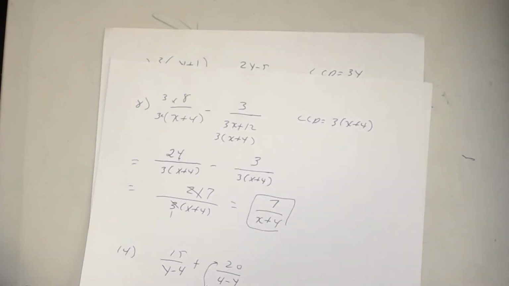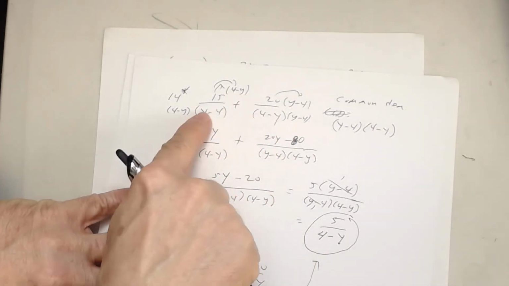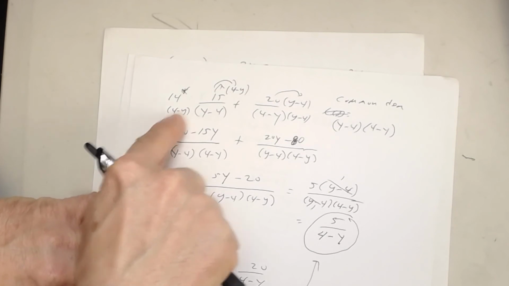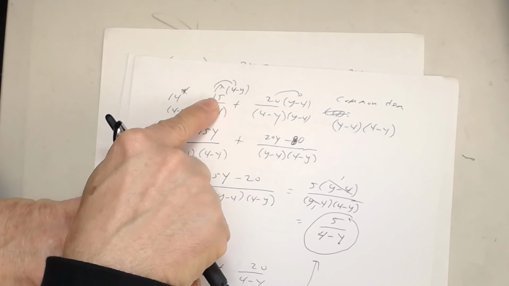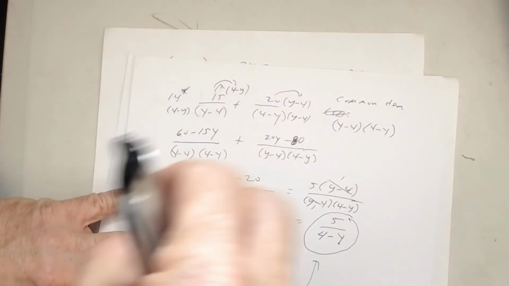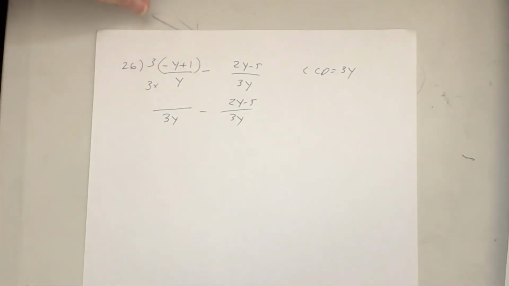I had to put that in parentheses because when I discussed it, I said this. So I need to multiply this by 4 minus y, but 4 minus y had to be multiplied by what? 15. So everything inside that parentheses, 4 minus y, had to be multiplied by 15. So that was a distributive property. Same thing here. That's the idea.